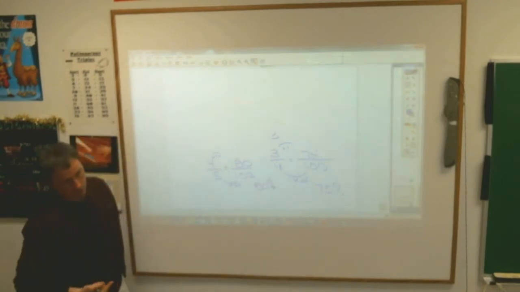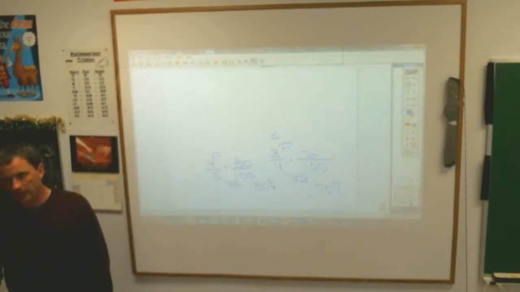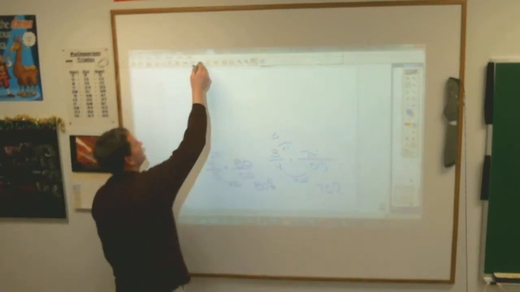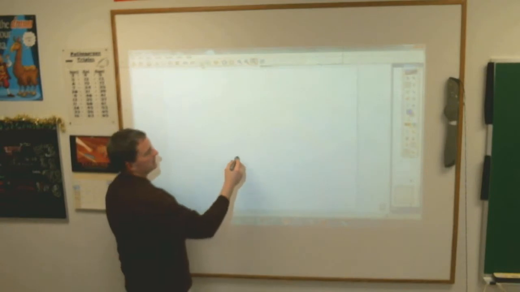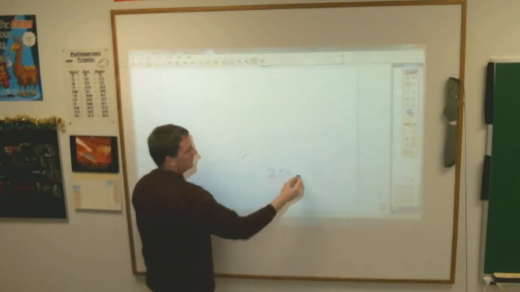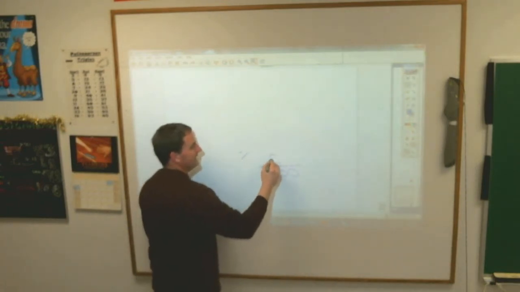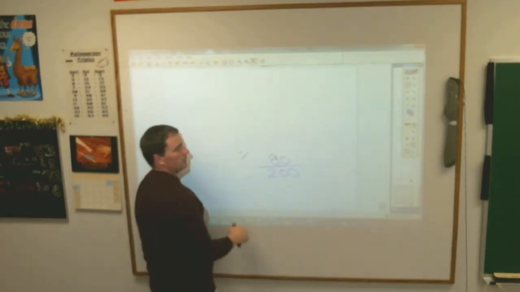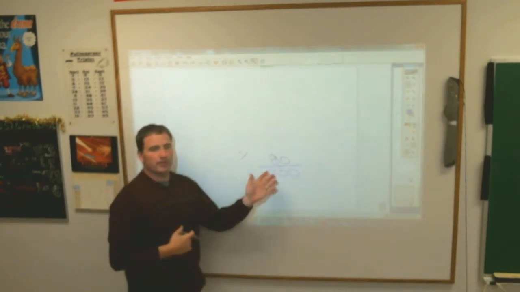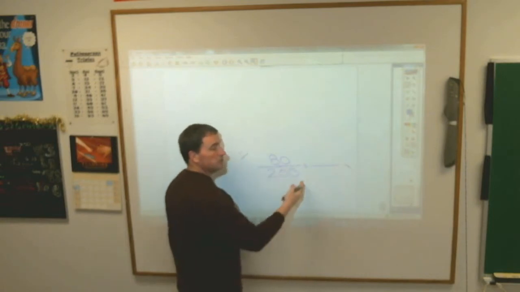Now, sometimes you do more than 100 things. For example, let's say over the span of a year you shot 200 free throws, and you only made 80 of them. Again, the number is not out of 100, it's out of 200, but this is like reducing fractions.